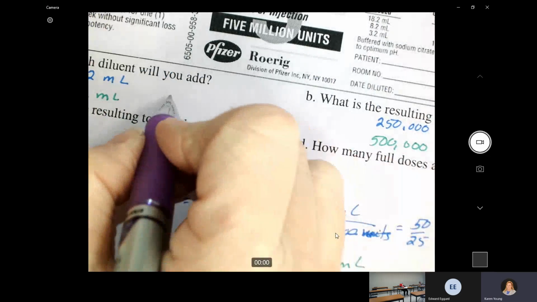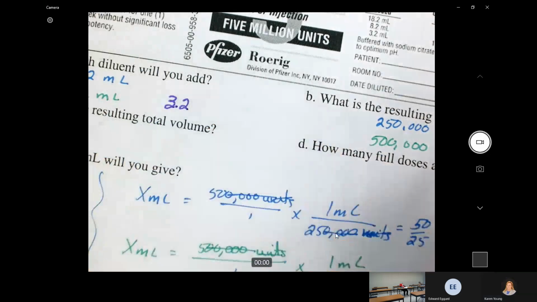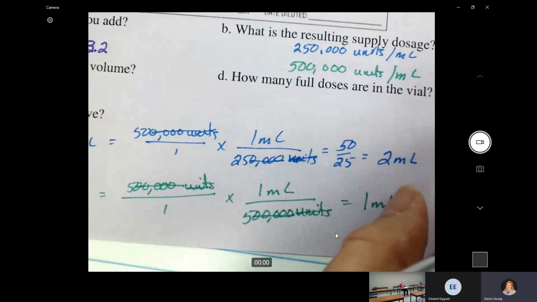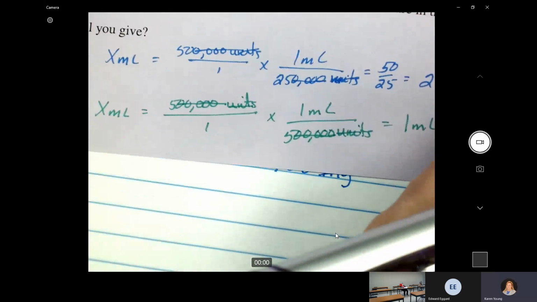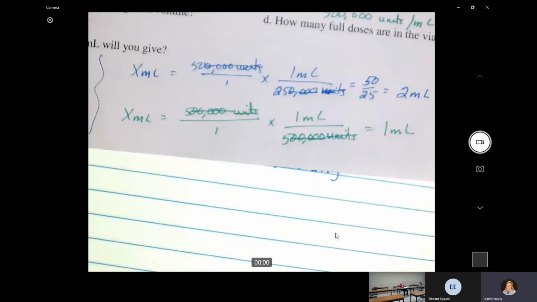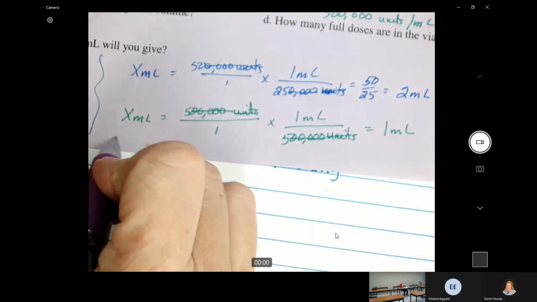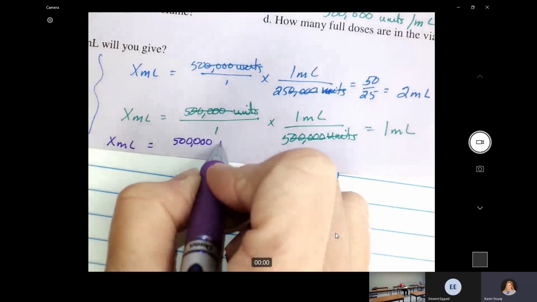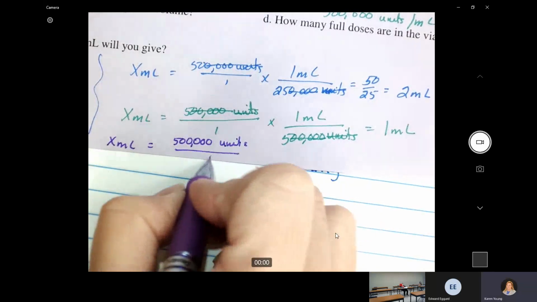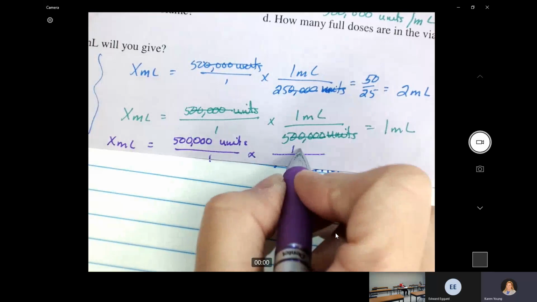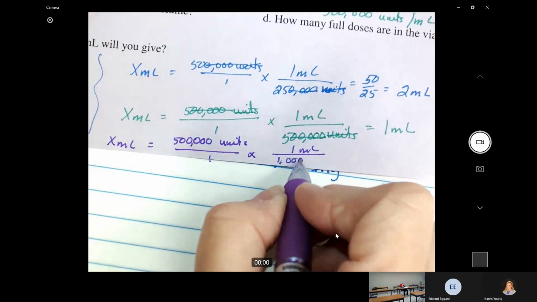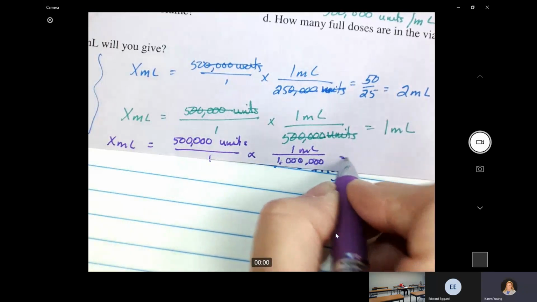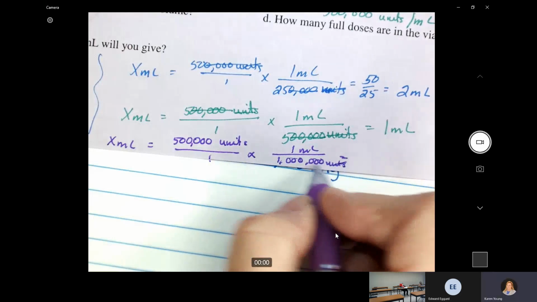Then if I chose the 3.2 milliliters, I have 1 million units. So still have the 500,000 the doctor ordered. I'm going to have the 1 milliliter over 1 million. So my units will cancel.